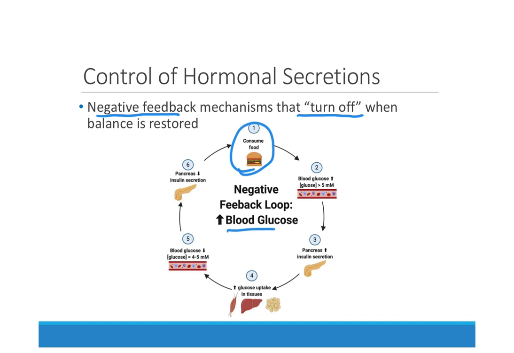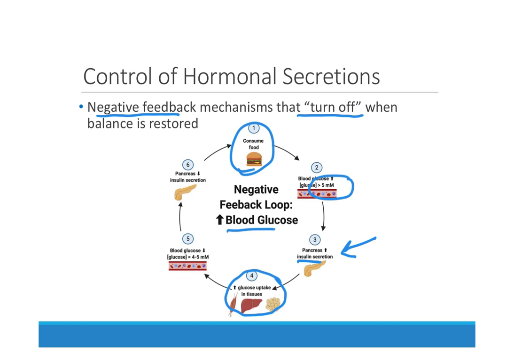And when a particular concentration is reached, in this case greater than 5 millimoles per liter, then this is a trigger to the pancreas to let insulin be released in order to deal with this elevated blood glucose. Insulin, as I've already mentioned, binds to the cells, brings the glucose transporter molecules up to the surface of the cell membrane.